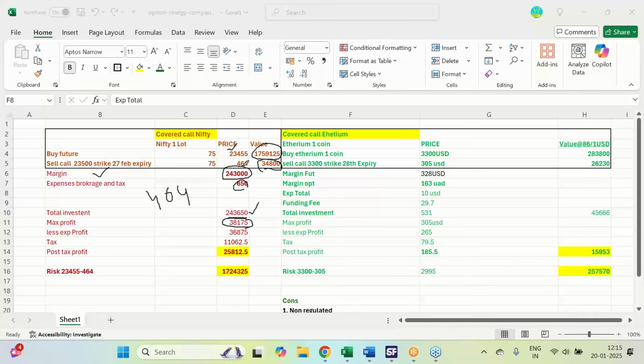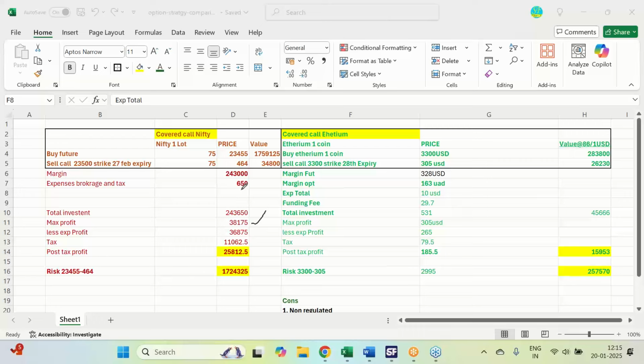I got 464, and from 23,455 to 23,500 there is another 45 rupees gap. If you add them together and multiply by 75, it comes to 38,175 rupees that we can gain.